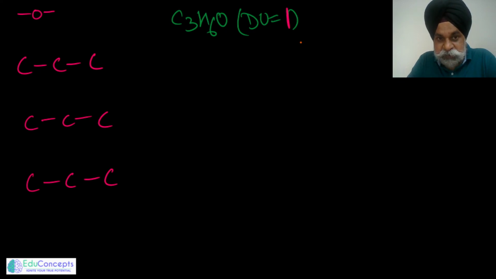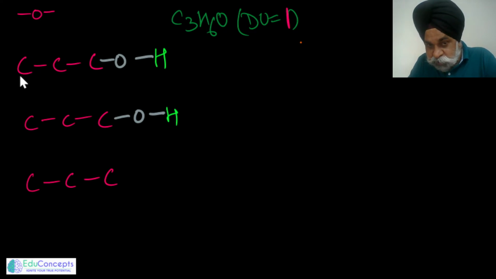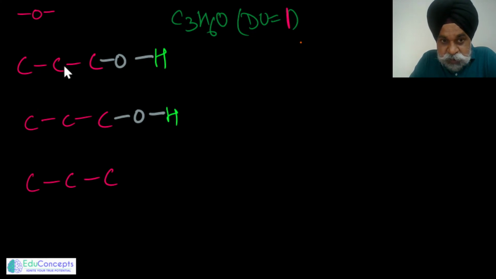So if I make the oxygen a single bond, then what possible combinations can I get? One combination: I place hydrogen here, and now, because the degree of unsaturation is 1, although I wrote 3 carbon, 1 oxygen, I have not yet defined the double bond or a ring. So to make the double bond, I can make a double bond here, or make it here, isn't it?